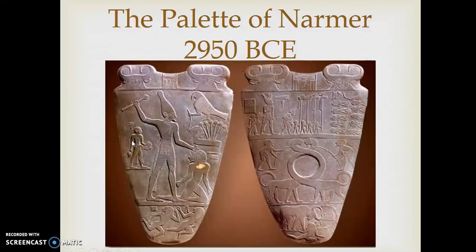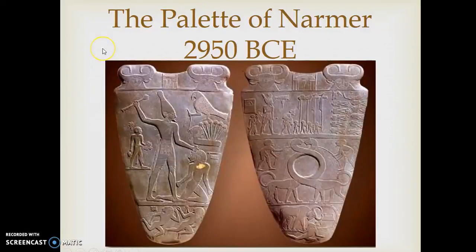We talked about low and high relief when we looked at the Code of Hammurabi, and you can see that it's not carved very far down, so that's why it's a low relief image. There's a lot of iconography in this image, and that's a word that you are going to hear a lot. Basically iconography means the visual images and symbols that are used in a work. So we've got a lot of symbols happening here.